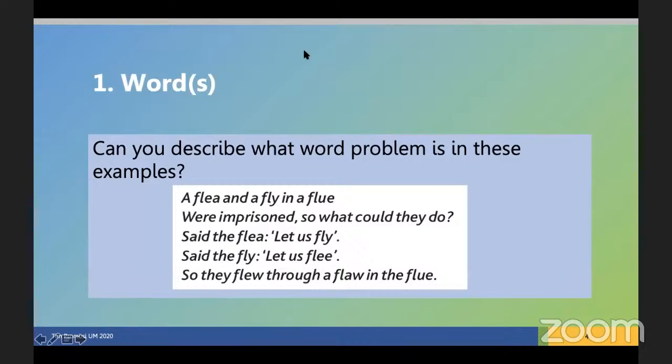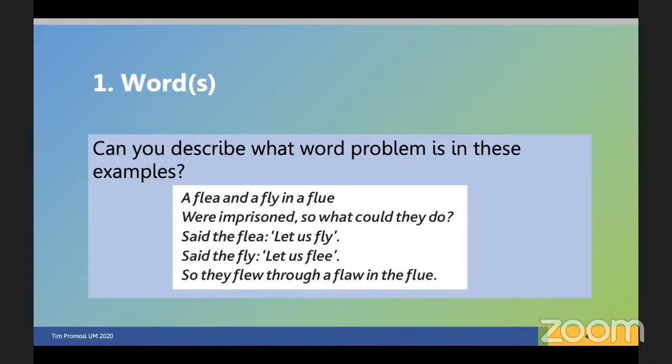Okay, so words. Now we are going to look at this concept, words. There are several sentences here, and I want you to look at them, spend some time, and try to see what are some of the problems in there.